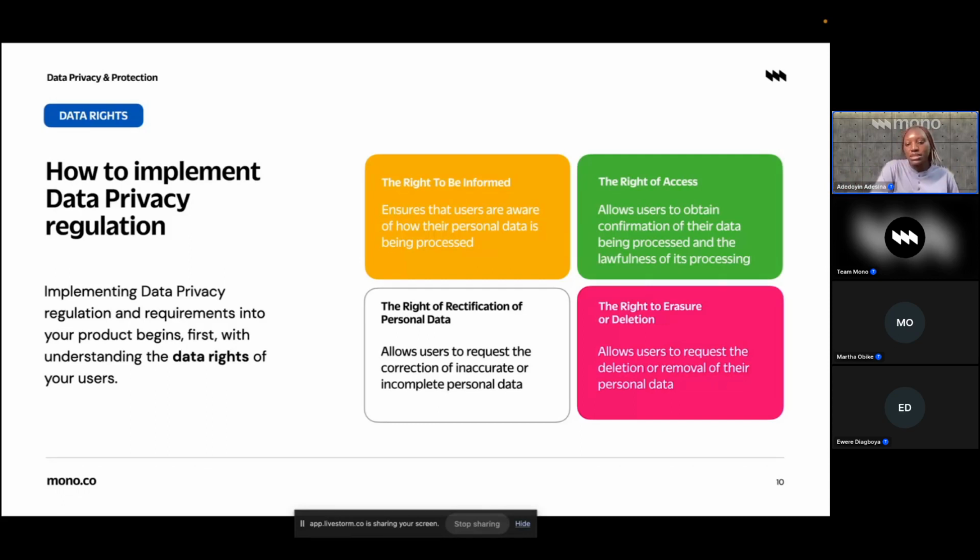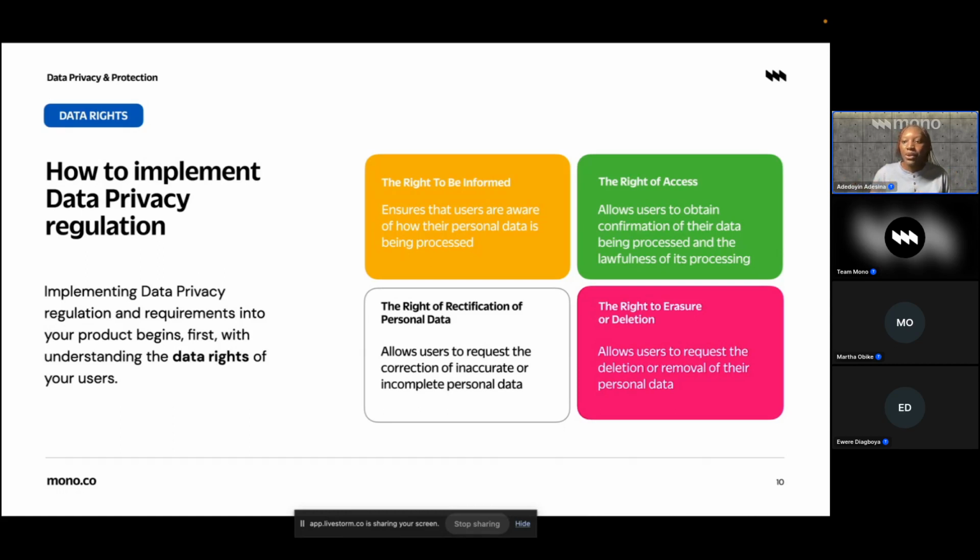So you as a business, understanding that your customers have a right to erasure, you should then have a process that seamlessly deals with that. Because this is a regulatory obligation, you should always ensure that it is straightforward.